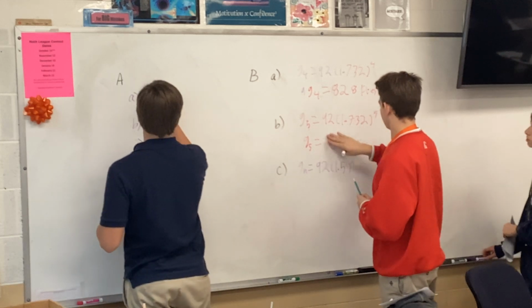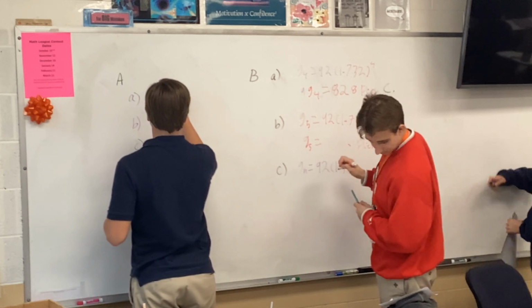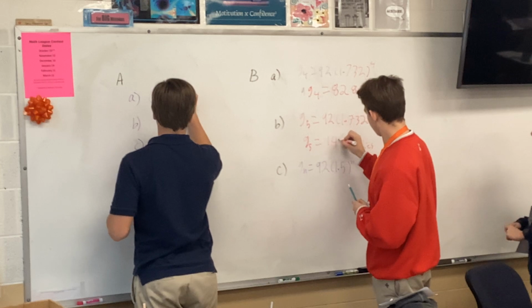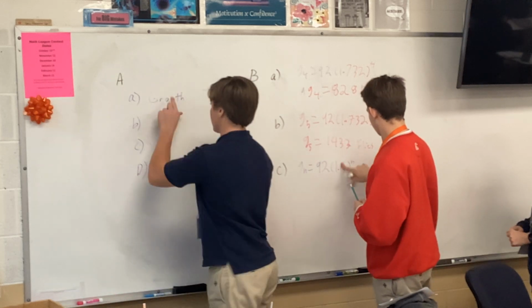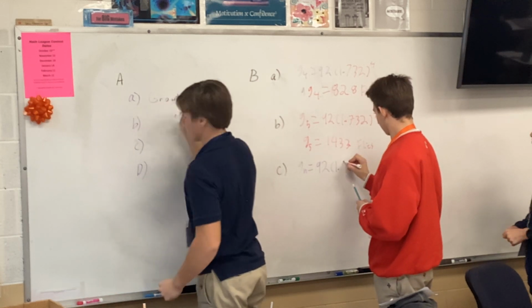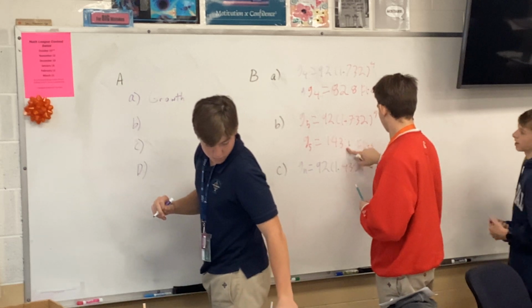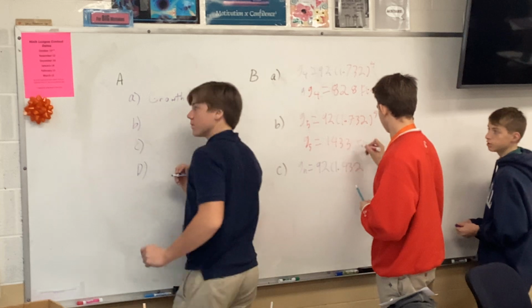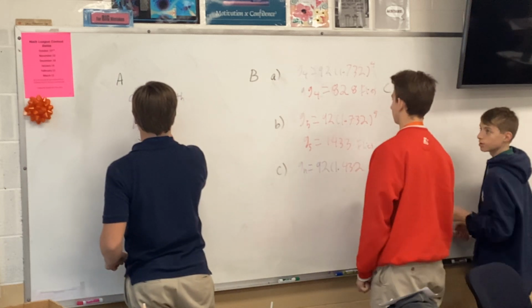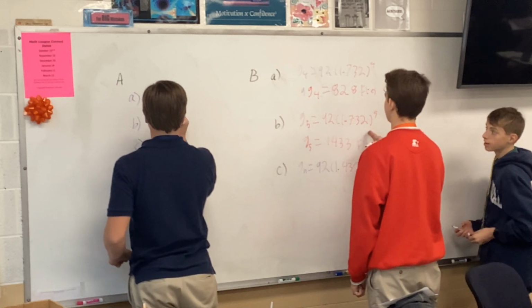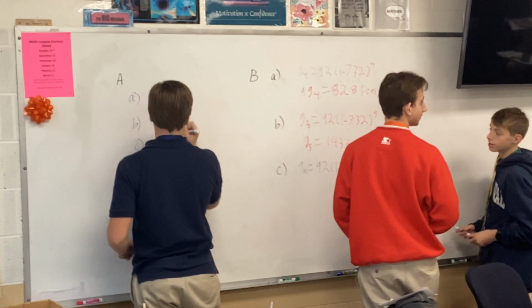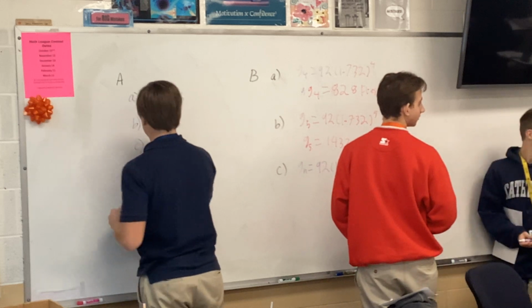Triples. It'll be 1/2, 10. Should be, I think 1/2. So 92, 3, 1/2. Yeah, right. And then what, 4?